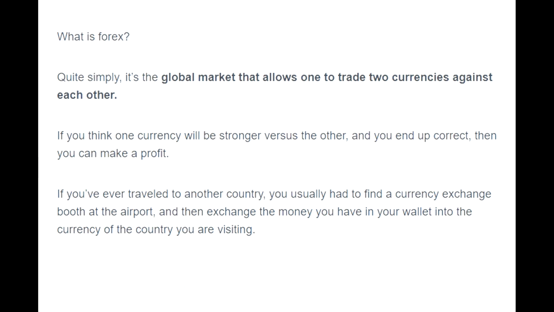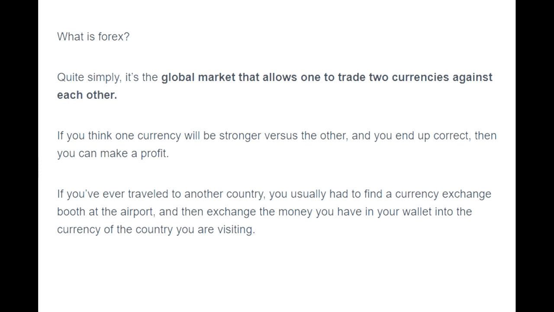Okay. Now, for example, in Forex, if you've ever left your country to go to another country, you definitely need to convert your country's currency into the other country's currency. So, for example, if you're leaving from Japan to Canada, you need to convert the Japanese yen into Canadian dollars.